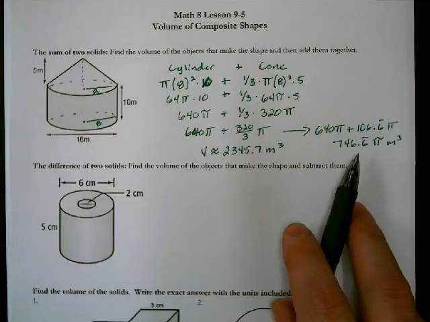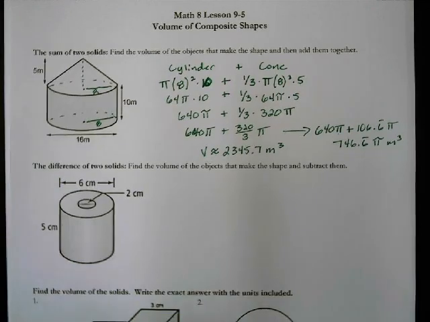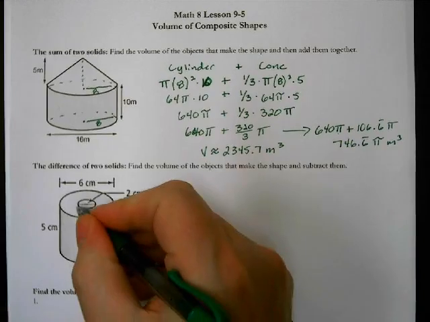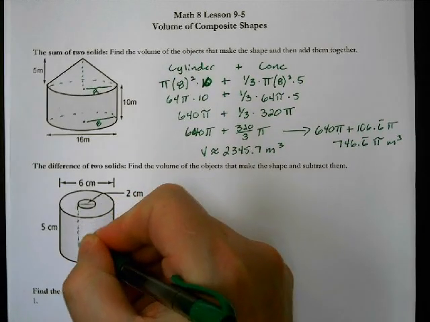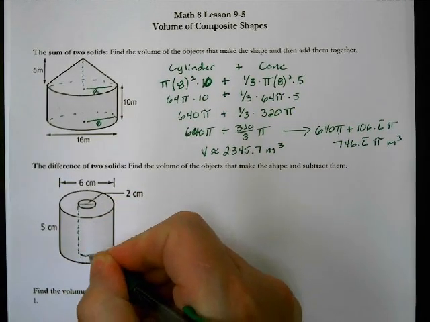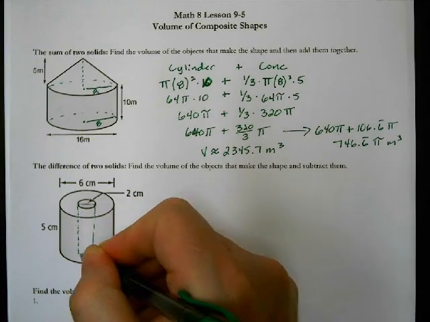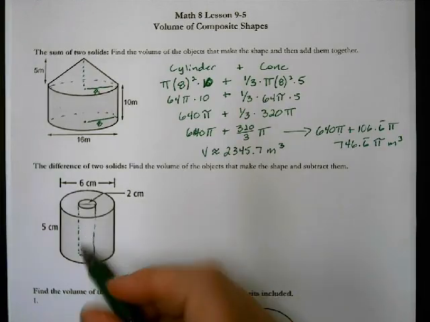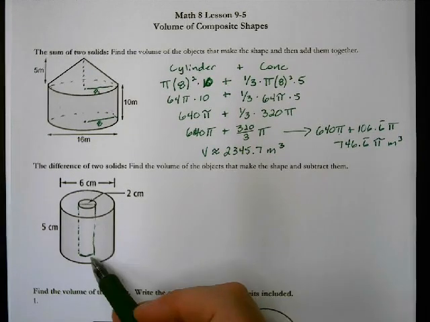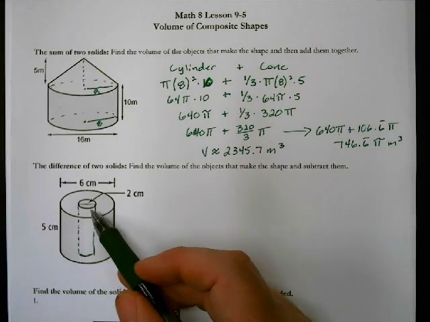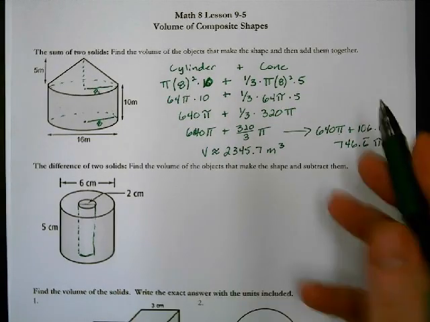Whew. All right, next one. Now what we've got is a cylinder with a hole cut out of the center. That hole is also going to be a cylinder. It's just going to be smaller than the cylinder that we are dealing with. So we're going to take the volume of the big cylinder and subtract the volume of the small cylinder from it.